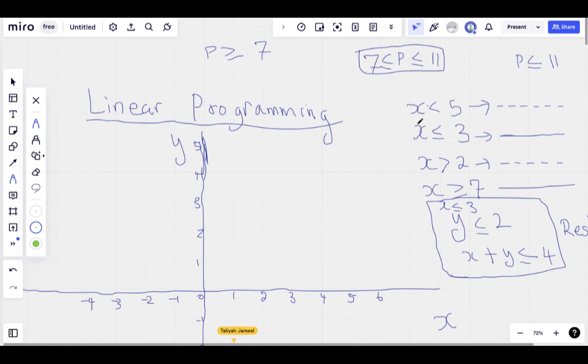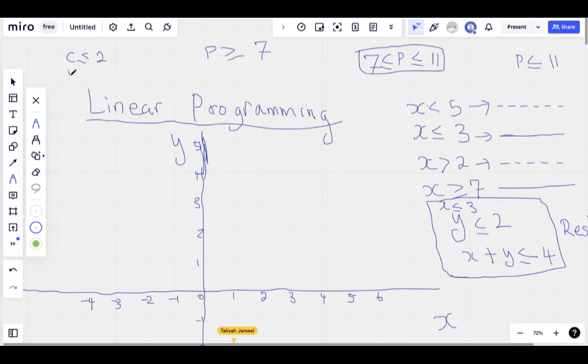For example, if you are told that a farmer can plant corn, it must not be more than 2, then it should be lesser than or equal to 2. The corn that the farmer has to plant on the field must not be more than 2, that means C is lesser or equal to 2.